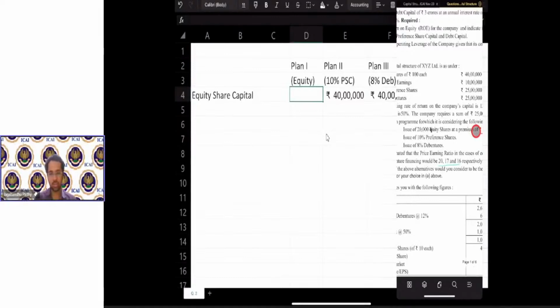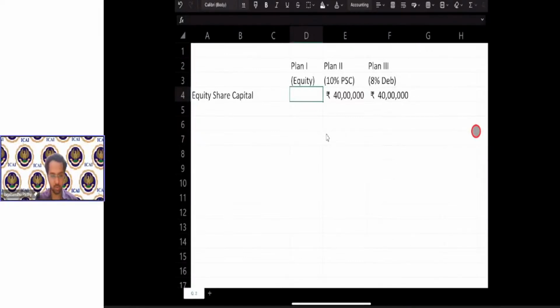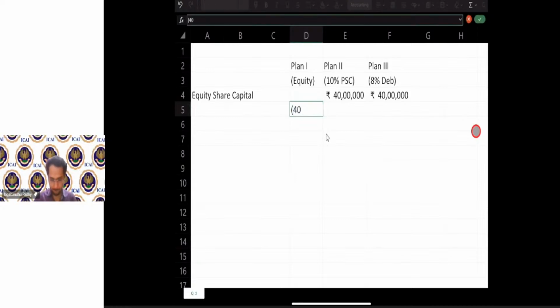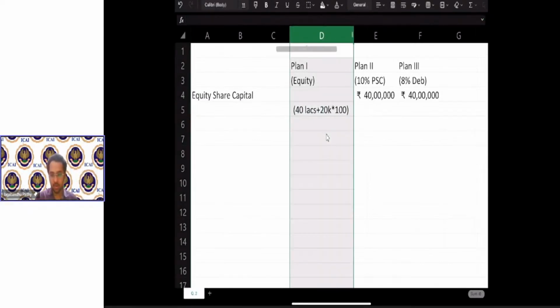So this equity share capital will comprise 40 lakh plus 20,000 shares multiplied by 100 each.